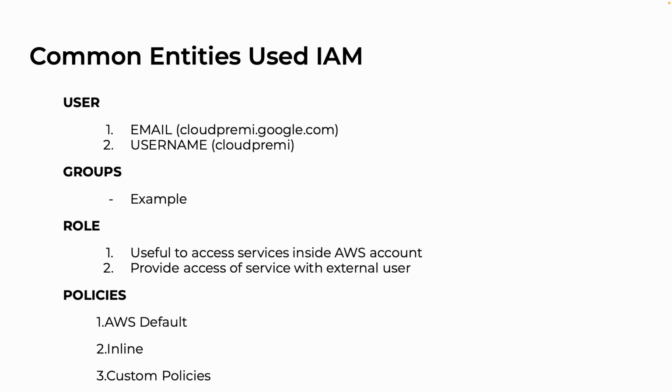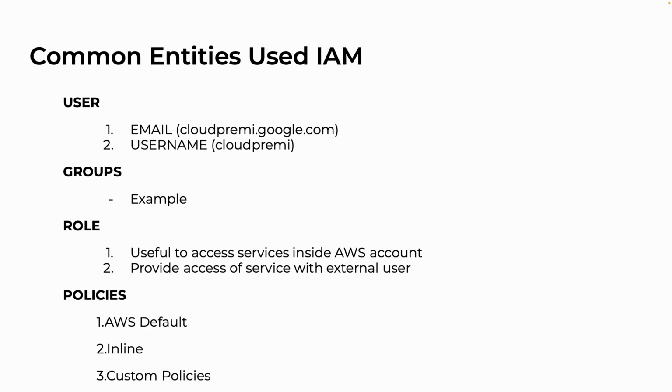As a DevOps engineer or any cloud engineer, somebody will ask you to add a user. At that time, we shouldn't answer that we don't know. A user is an entity to which we need to give permission for the services.